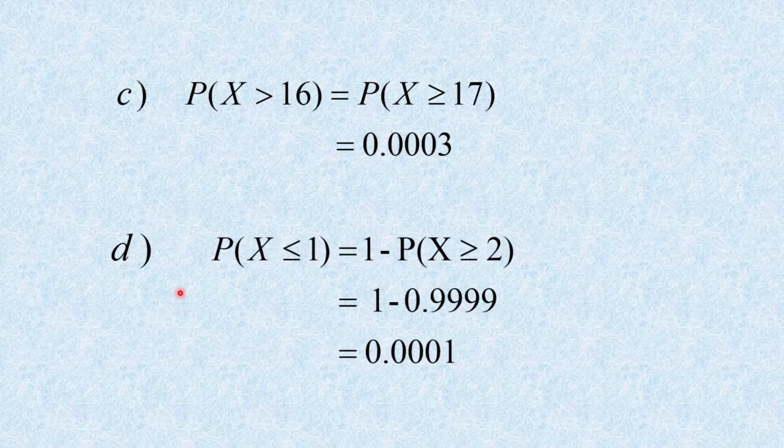Not more than 1 student pass the exam. Not more than means probability x less than or equal to 1. 1 can be included here because the question asks not more than 1. Like the previous example, you need to do the subtraction here. 1 minus probability x more than or equal to 2. That is 1 minus 0.9999, and the answer is 0.0001.